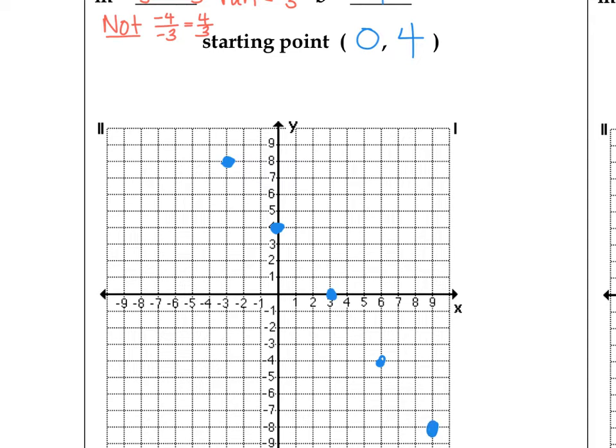Alright, grab your straight edge, your straight line. Arrows on both ends, and then label your line. Y equals negative 4/3 x plus 4.